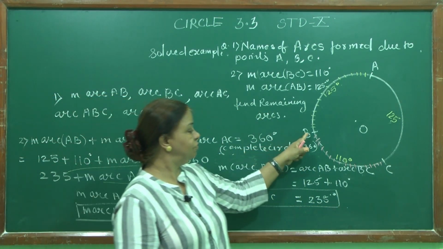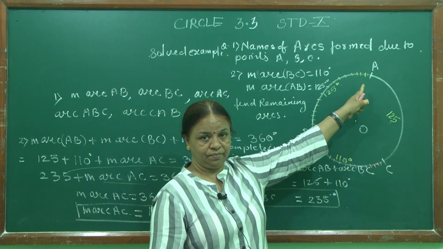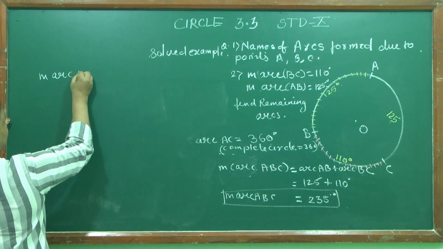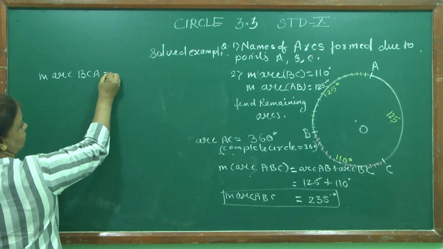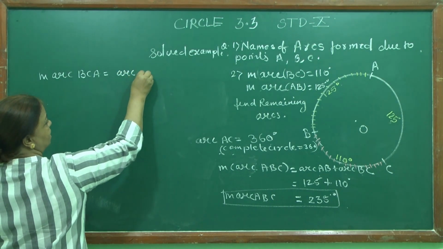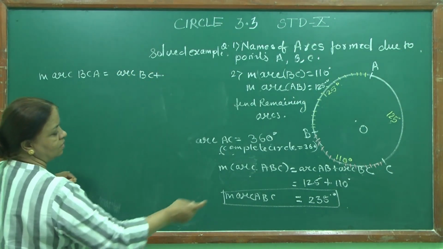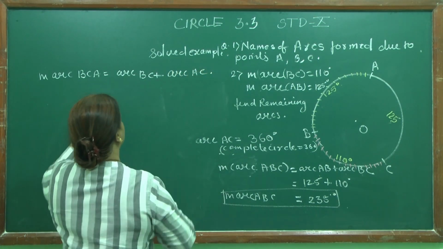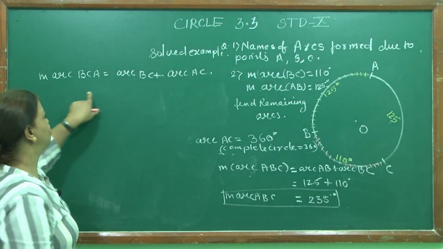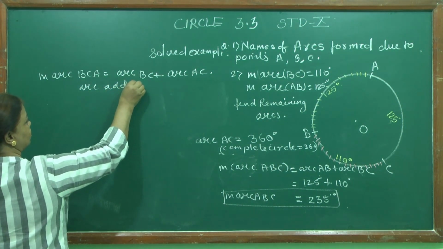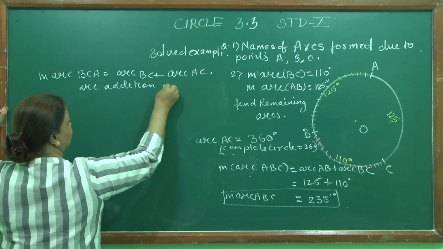Like that we can find BCA. To find measure arc BCA, arc BC plus arc AC. Here we are using the arc addition property.